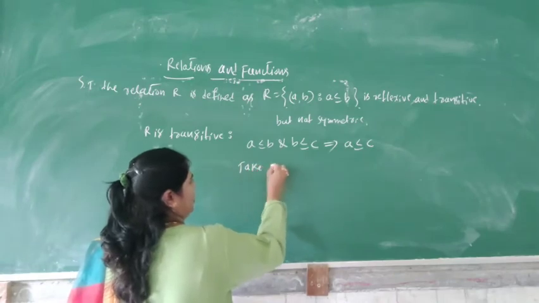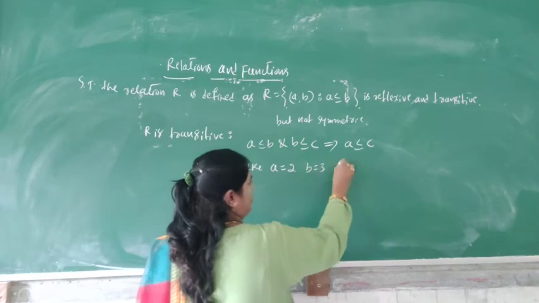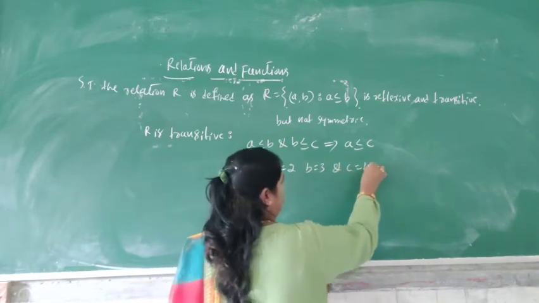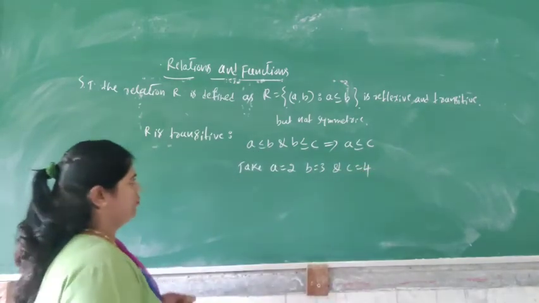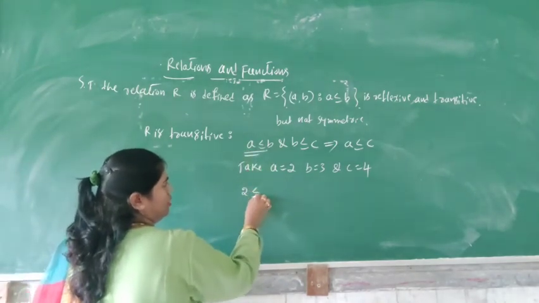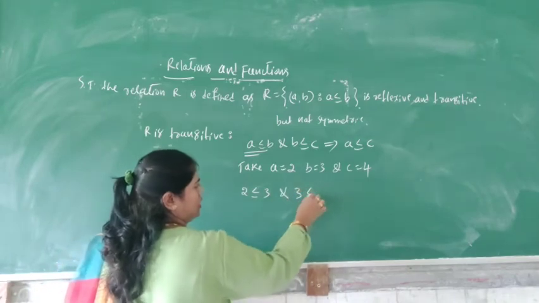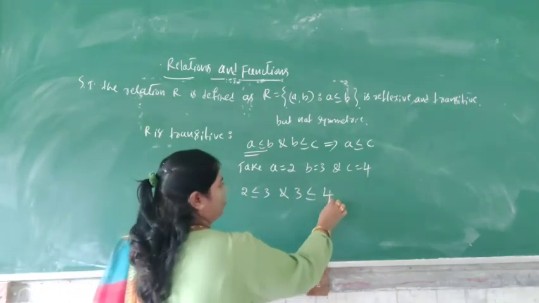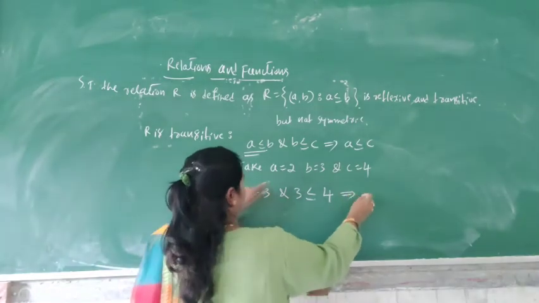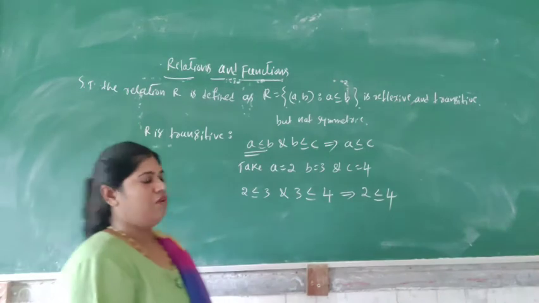Take A equals 2, B equals 3, and C equals 4. We can substitute here. 2 is less than or equal to 3, and 3 is less than or equal to 4, implies 2 is also less than or equal to 4.